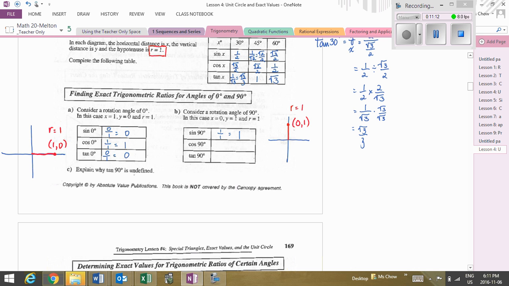Cosine of 90 degrees is x over r, or 0 over 1, which is 0. Tangent of 90 is y over x, or 1 over 0, but anything divided by 0 is undefined. And so why is tan of 90 undefined? We cannot divide by 0.